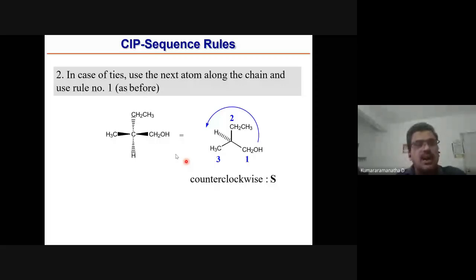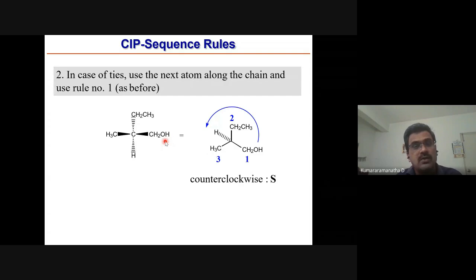Now you can see here CH2OH, CH2CH3, CH3. Compared to ethyl and methyl, the ethyl one has a higher atomic number because you have 2 carbon atoms. Here you have 1 oxygen atom. So the first priority is this.